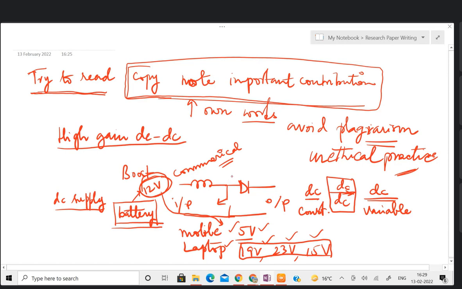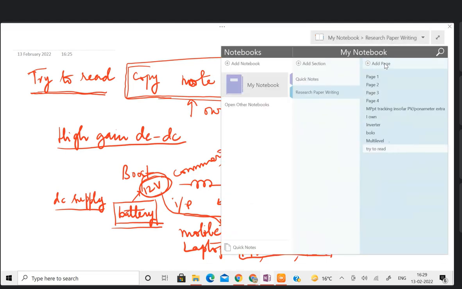But in normal DC to DC converters, normally there are three: one is your buck, the second is your boost, the third one is your buck boost. So what are the issues?